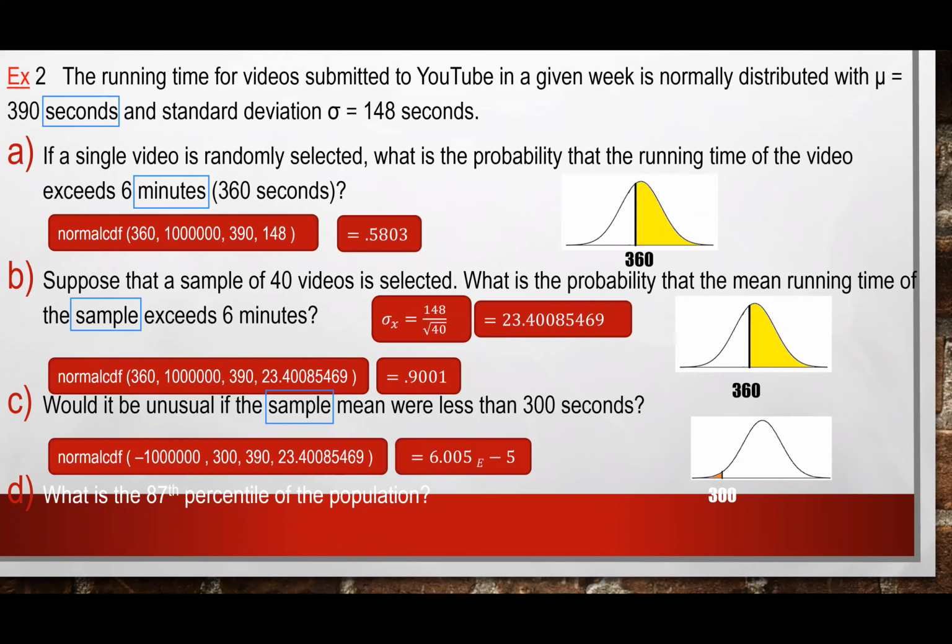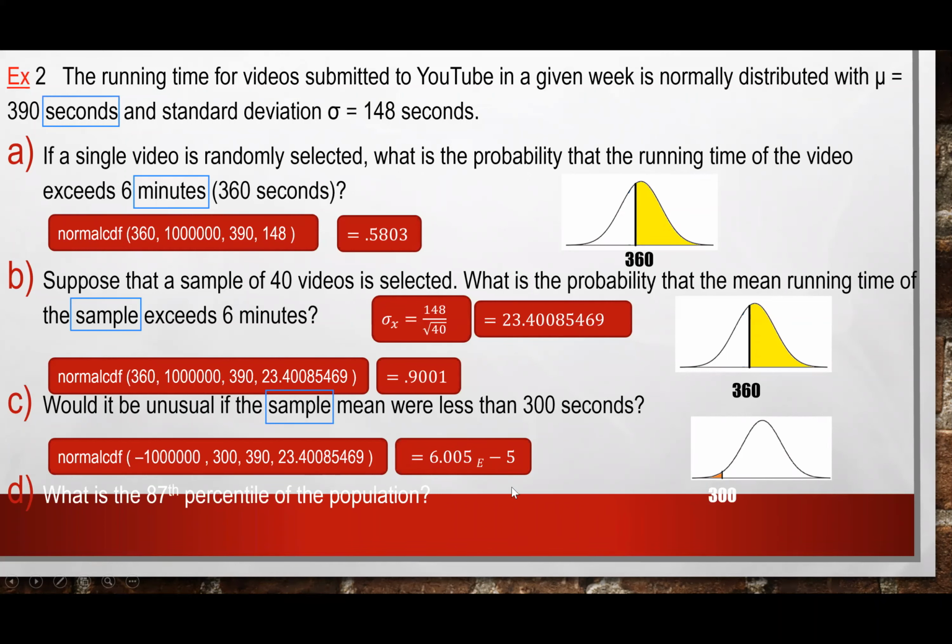And look at this, ladies and gentlemen, please do not let your eye trick you, because your calculator will give you 6.005 e to the negative 5. So don't just look at that number and say 6.005 is bigger than 0.05.